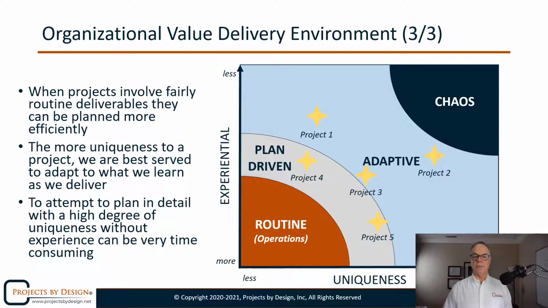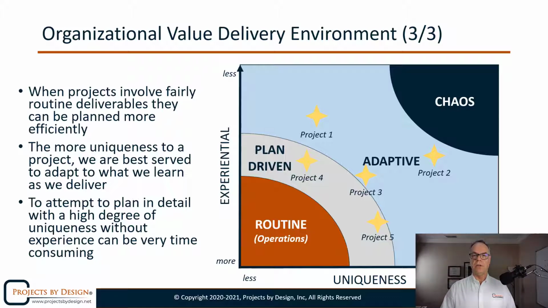That adaptive approach is when we adapt to what we learn as we deliver. So learning is a very key component to the adaptive approach. The way we learn is going to change depending on how we want to drive that work.